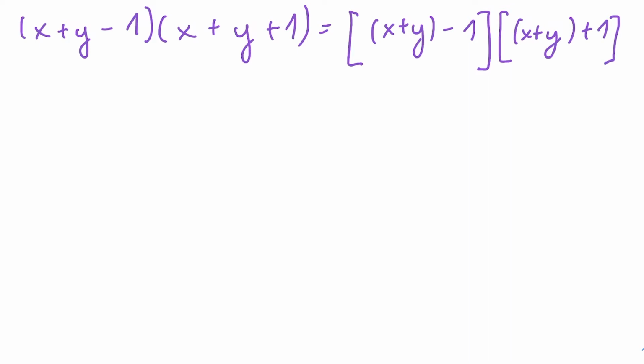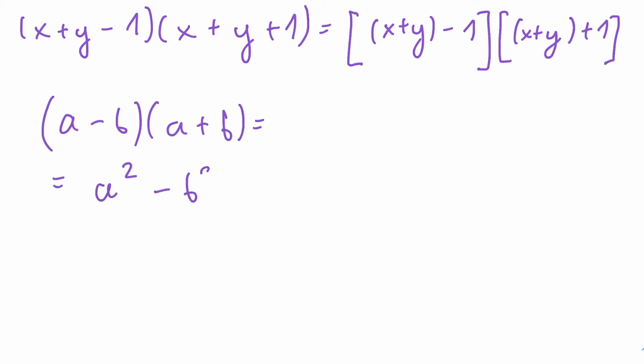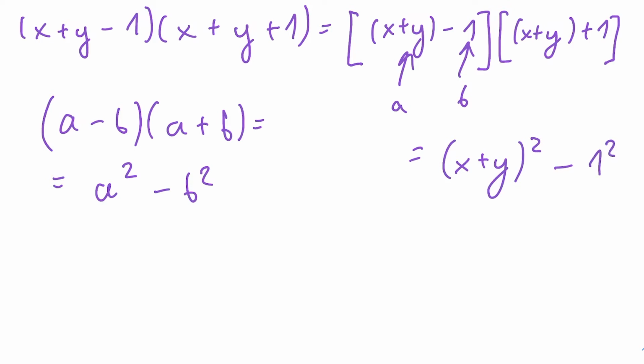So now we can use the formula that a minus b times a plus b would be equal to a squared minus b squared. So this, our a here, that's your a, and then that's your b. So this is equal to x plus y squared minus 1 squared.